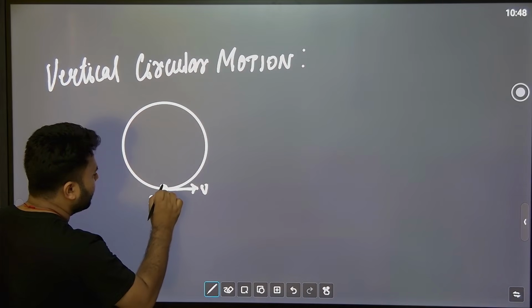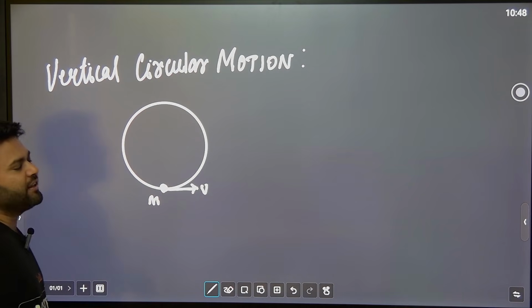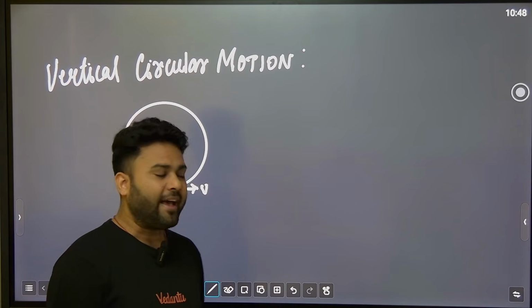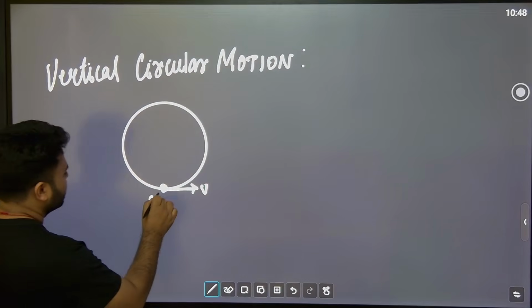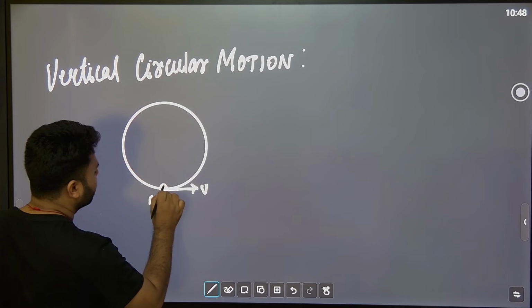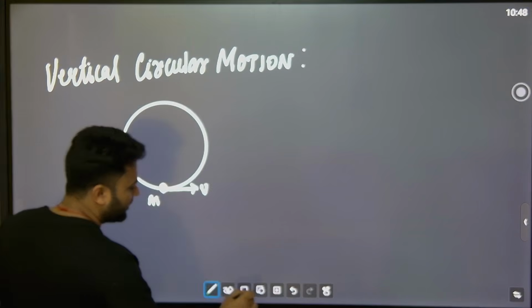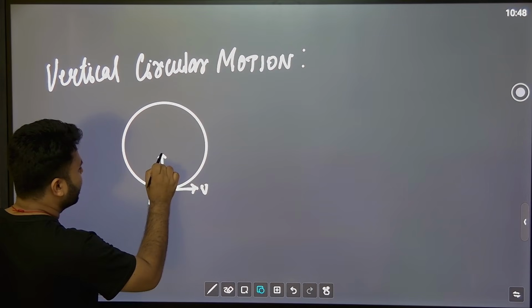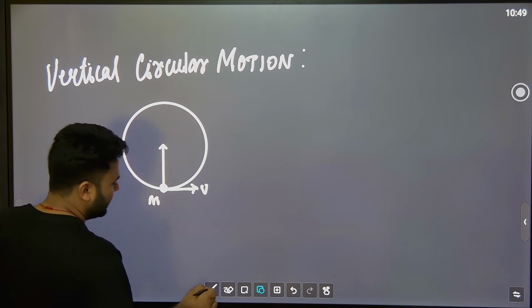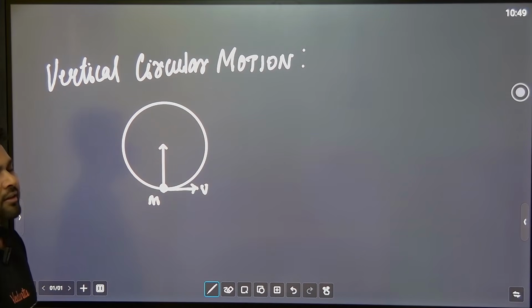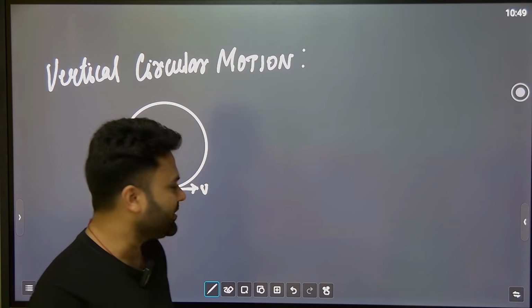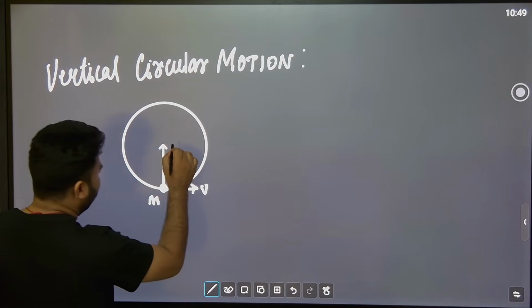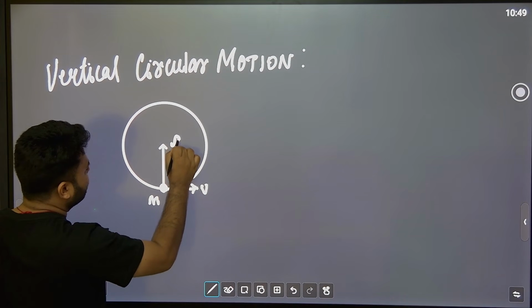An object moving in a circular path always has one acceleration directed towards the center of the circle, and this acceleration is called centripetal acceleration.